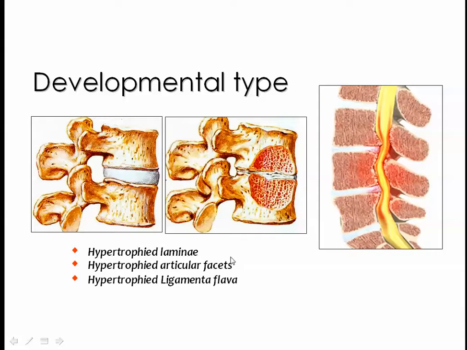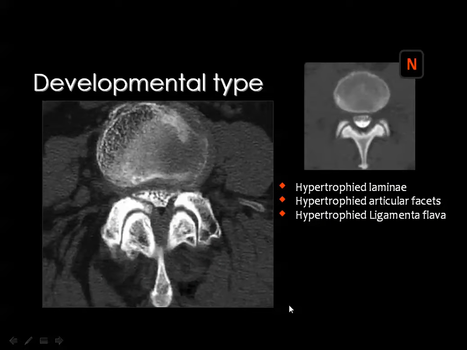And of course, if you can see the soft tissues, you will also see that the ligamenta flava are also hypertrophied. This will result in significant narrowing of the lumen, or the space inside the spinal canal.